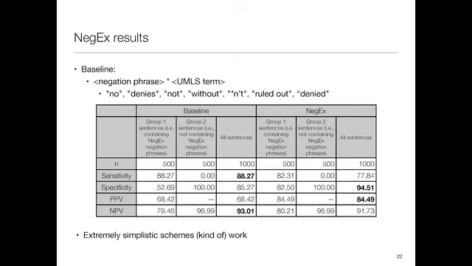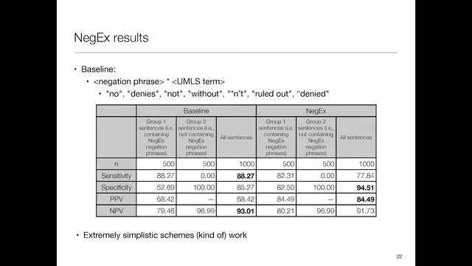So if you look at sentences that do not contain a negation phrase and looked at 500 of them, you find that you get a sensitivity and specificity of 88 and 52%. For those that don't contain one of these phrases, of course, the sensitivity is 0 and the specificity is 100% on the baseline.